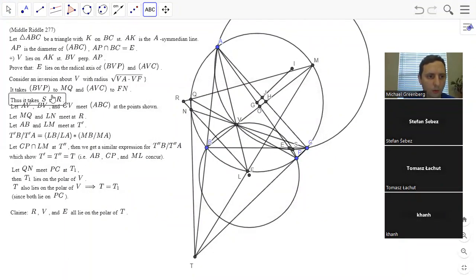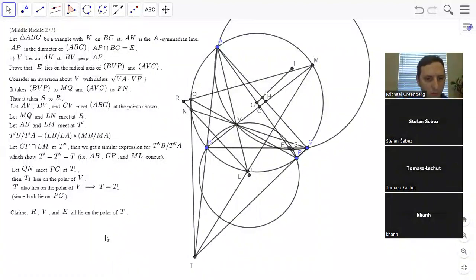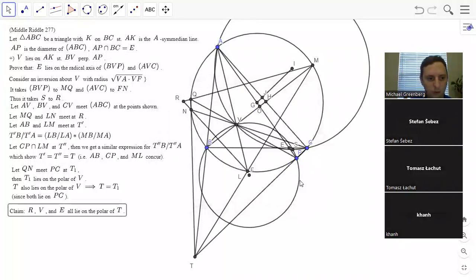Okay, so do you remember how to do this part? Yeah, it's just Brocard's theorem. When you use Brocard for quadrilateral NQML, you have R lies on the polar of T, and you keep using it for the other two quadrilaterals.